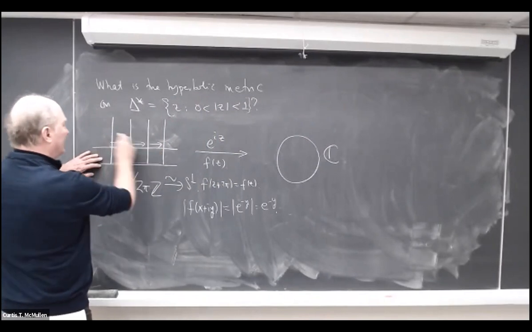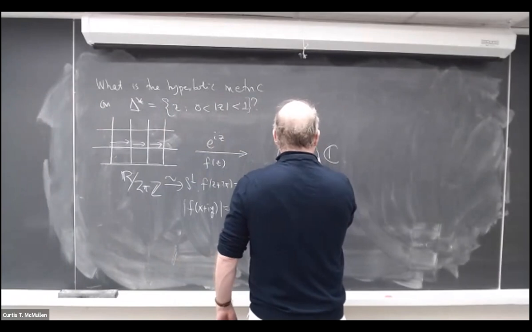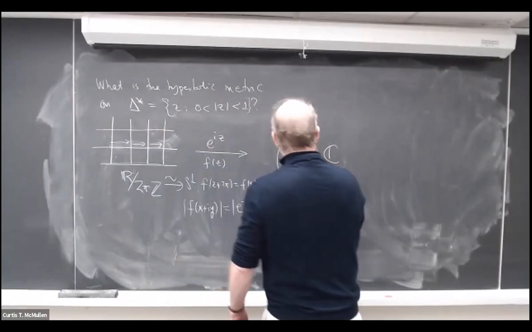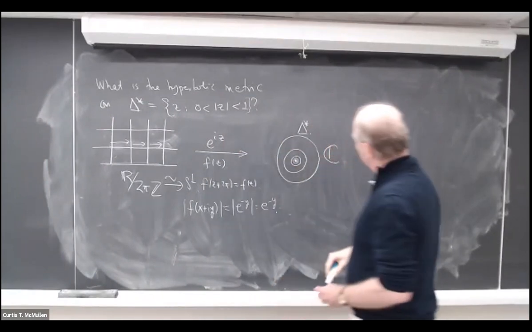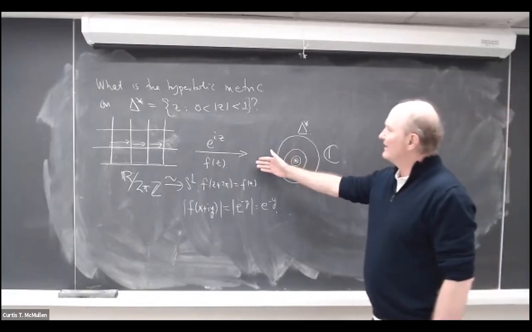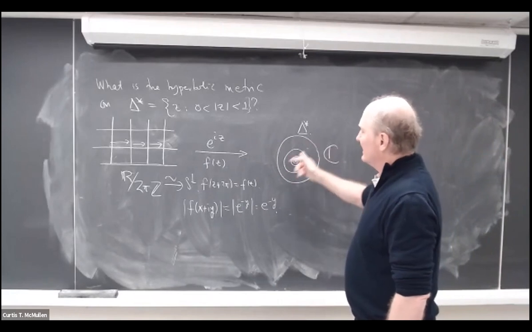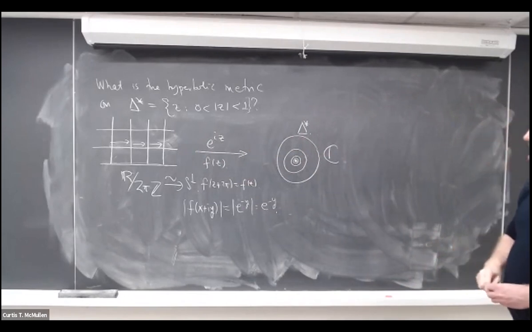And similarly, it sends each other horizontal line to one of the concentric circles centered at the origin in the complex plane, but it never hits the origin because the exponential function never vanishes. Okay, so that's a sketch of the proof of the fact that f is an isomorphism to the punctured disk, which is impossible. It's a covering map from the upper half plane to the punctured disk.